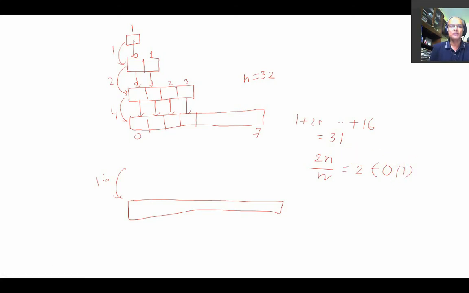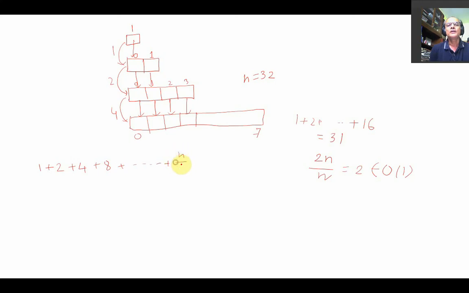I will tell you something here. Suppose the number of elements is n, then how many elements will be copied and how many elements will be pushed? You can calculate this in this way: 1, then 2, every time it is doubled, plus 4 plus 8. Ultimately you will reach n by 4 plus n by 2 plus n.